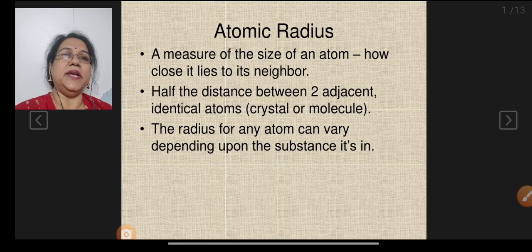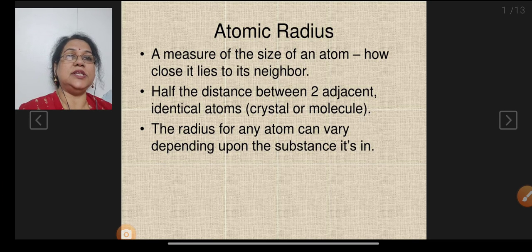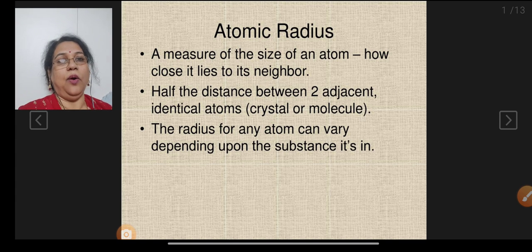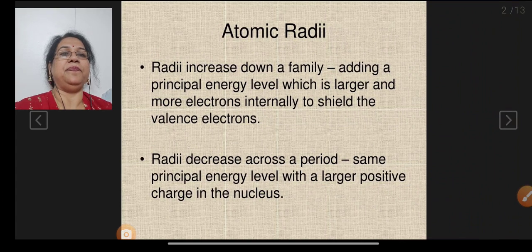Atomic radius is a measure of the size of an atom, how close it lies to its neighbor. It is half the distance between two adjacent identical atoms, crystals or molecules. The radius of an atom can vary depending upon the substance it is in.